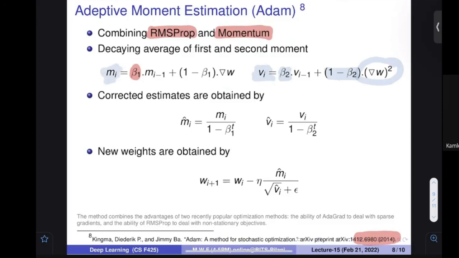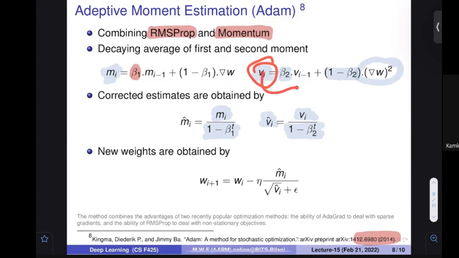Then this paper also says that there is some corrected estimation, obtained by taking mi divided by 1 minus beta 1 to the power t, and the vi estimate equal to vi divided by 1 minus beta 2 to the power t.